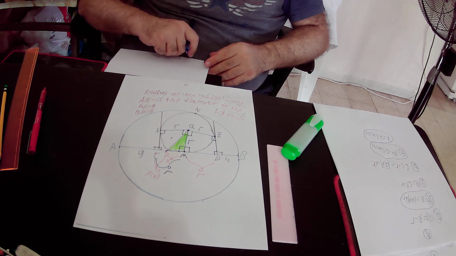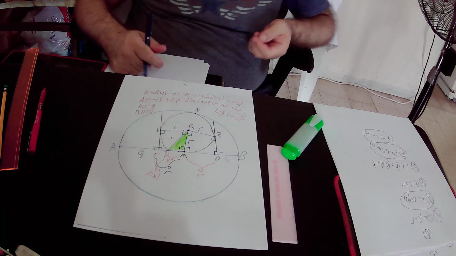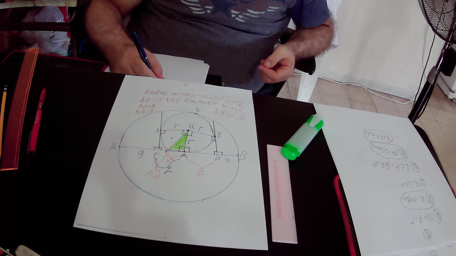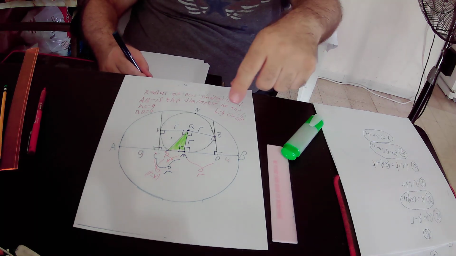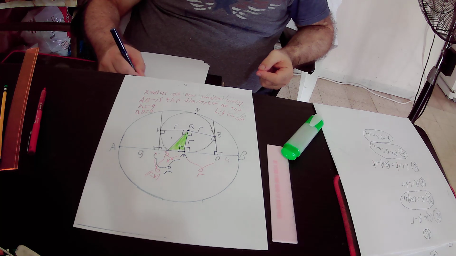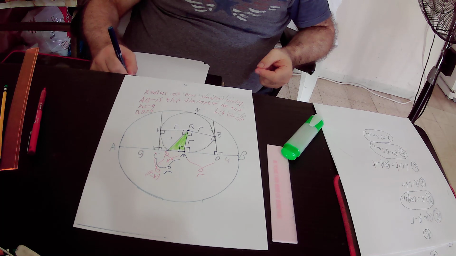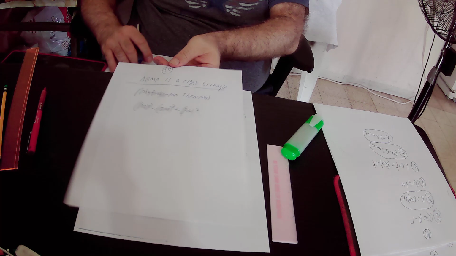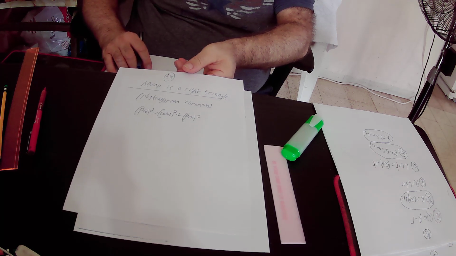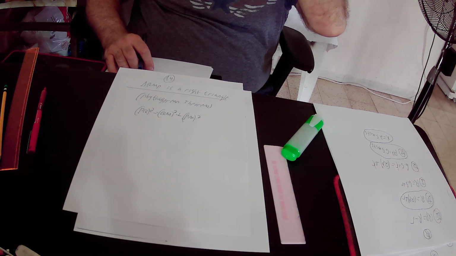So, in the right triangle QMP, the square of the hypotenuse is PQ square, which equals the sum of the squares of the perpendiculars, QM square plus PM square. So according to the Pythagorean theorem, PQ square equals MQ square plus PM square.